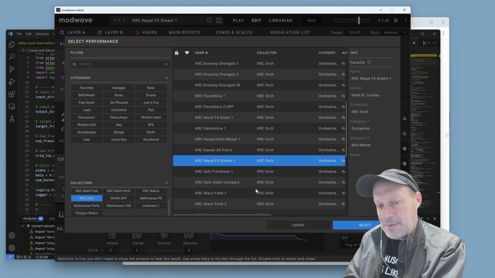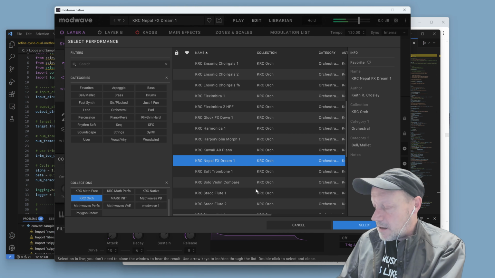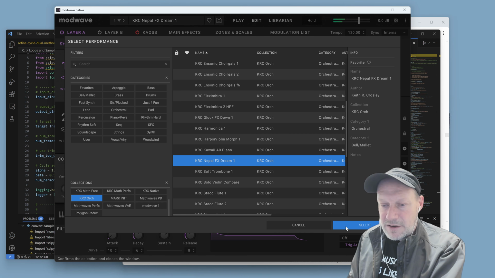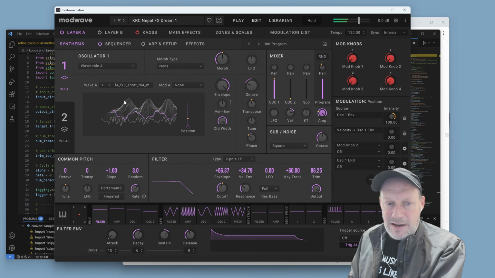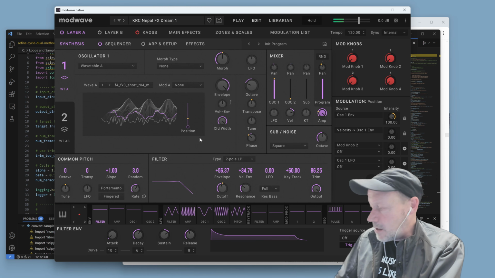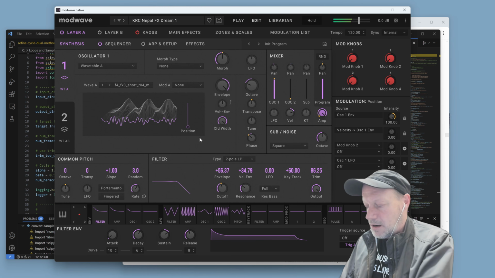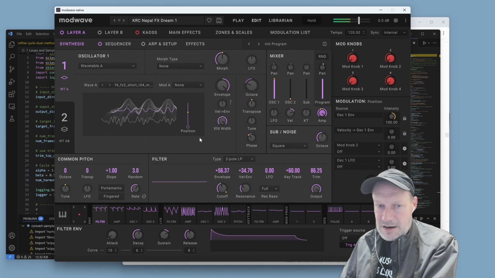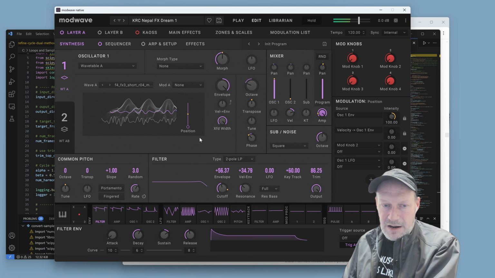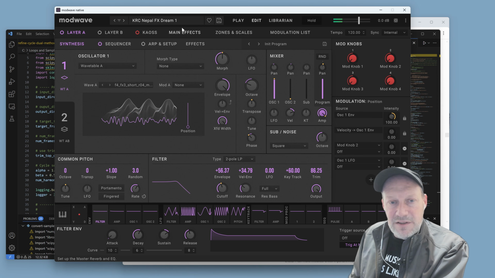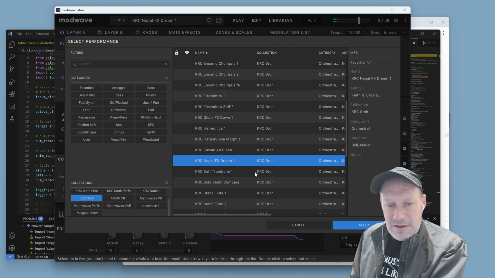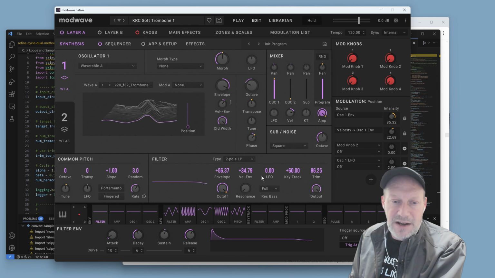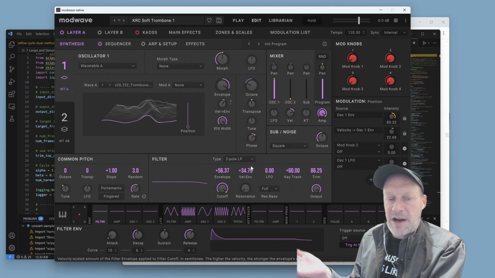There's some Nepalese bells again that made for a really interesting pad sort of sound here. Really cool stuff. Great when you drop a bunch of effects on it. There are solo brass instruments.